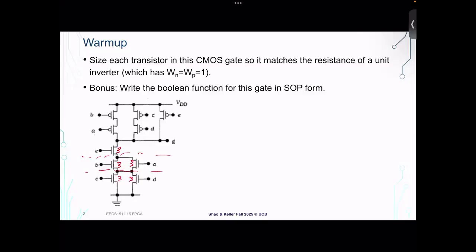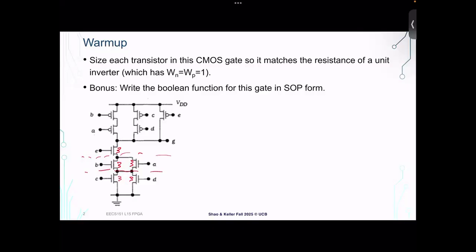It seems like these are in parallel, so maybe that should affect the sizing. Yes. We only care about the individual paths. So each path that you can get to the output through the NMOS goes through 3 of the transistors. So there have to each be a third the resistance, for example. That's right. Yeah. So the response was we only care about the individual paths.